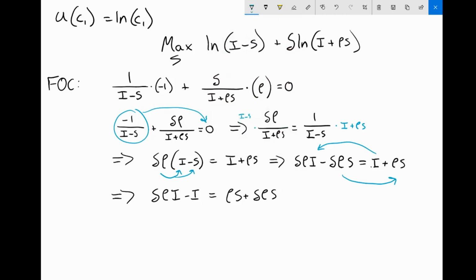Okay, I'm going to factor out the I, and I'm going to factor out the S in the rho here. Sorry if that's unclear. I times delta rho minus 1 equals S rho times 1 plus delta.